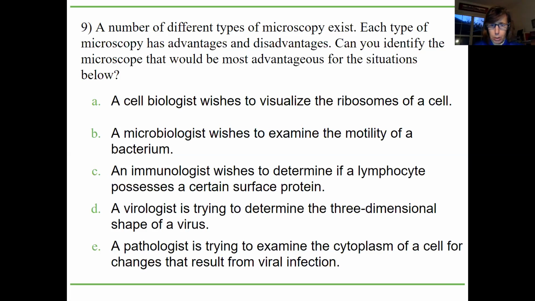D, a virologist trying to determine the three-dimensional shape of a virus. Try some SEM. And a pathologist is trying to examine the cytoplasm of a cell for changes that result from viral infection. That's probably another good application of transmission electron microscopy, wouldn't you say?